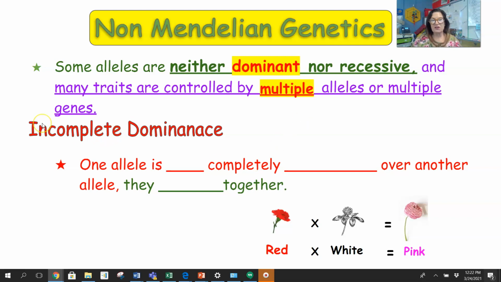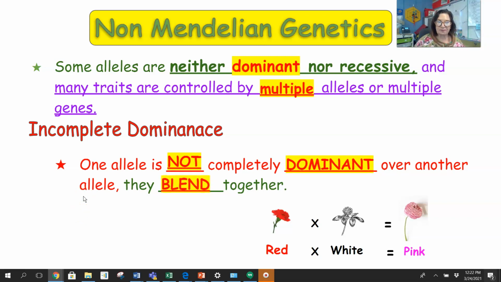So the first thing we're going to talk about is incomplete dominance. This is where one allele is not completely dominant over the other allele. And what's going to happen is they blend together. So my dominant allele is like, hey, dude, I just don't have the strength to do this.